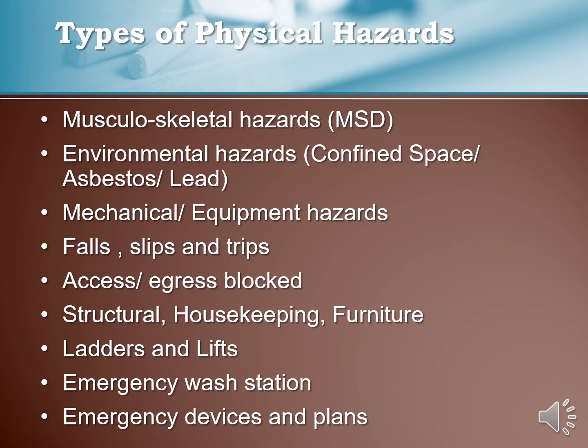Blocked access or egress routes would be another physical hazard. And structural, housekeeping, or furniture concerns would refer to things like leaky drains, wet ceilings, equipment concerns, leaking windows, floors, carpets, or stairs that are damaged, or outlets in the floor that are creating a trip hazard.